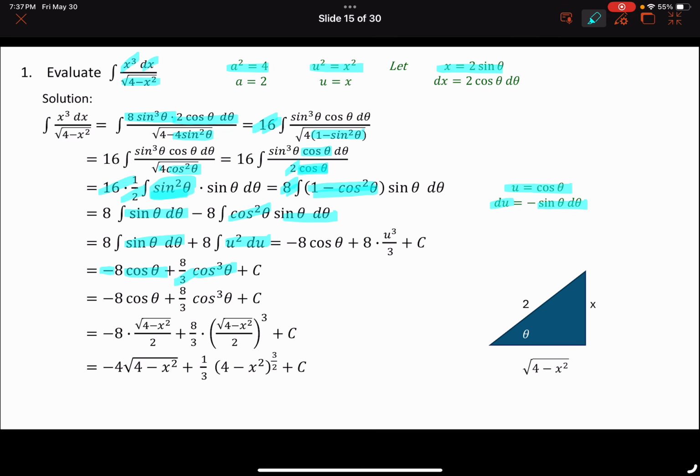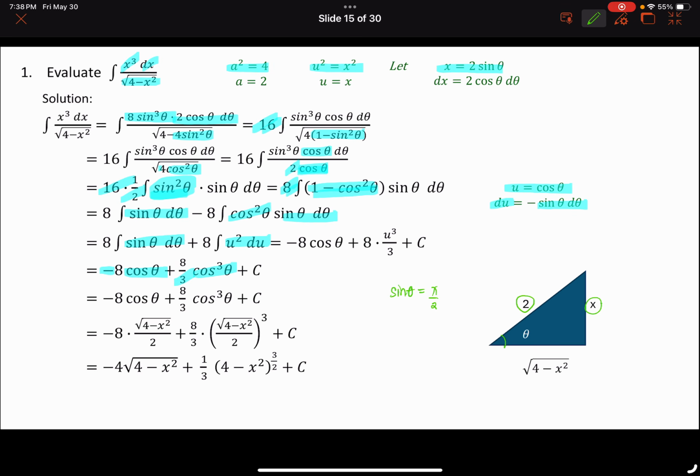Taking into consideration that sine theta is equal to x over 2, so sine of theta is opposite x over the hypotenuse 2.